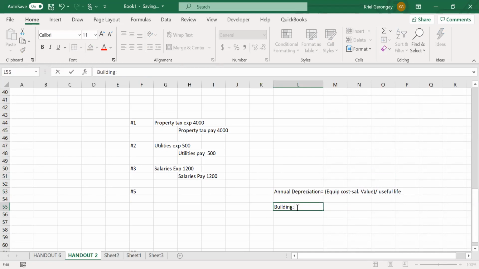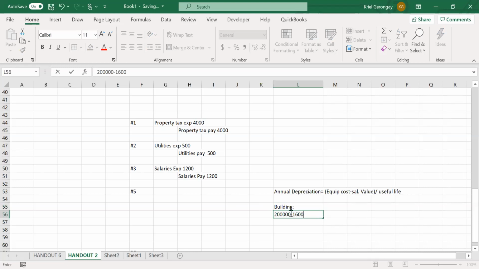So for the building, the building's cost, you read the problem, it says it's worth 200,000. Here, you can just do that one, I'll do the next one. Okay. So for the building, it says that your building's cost is 200,000, and the salvage value is 16,000.